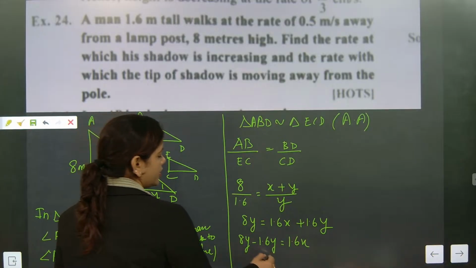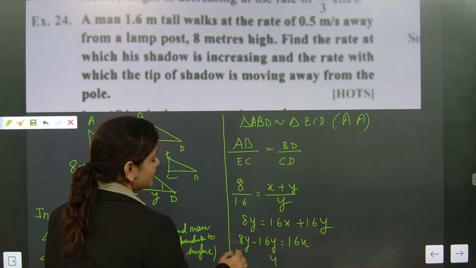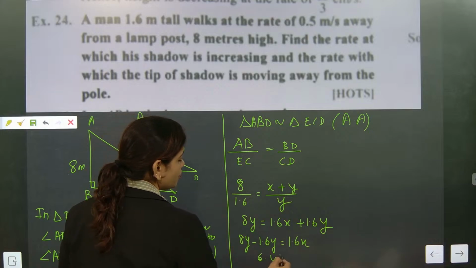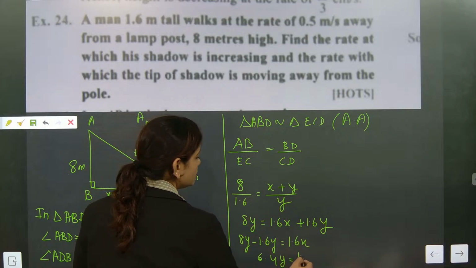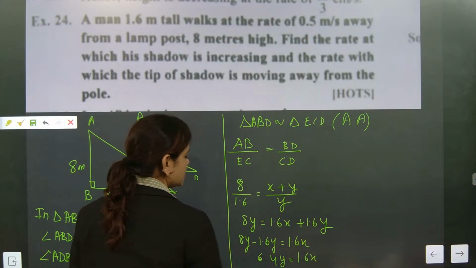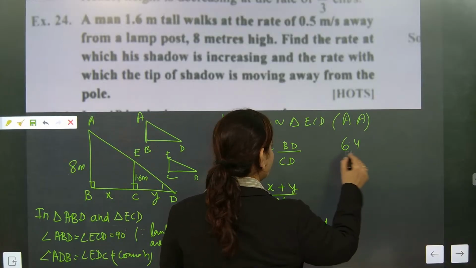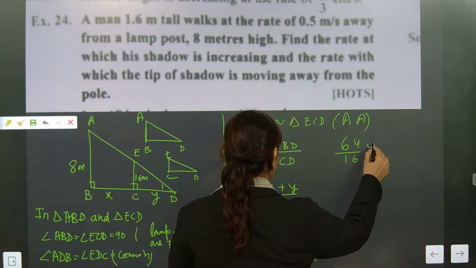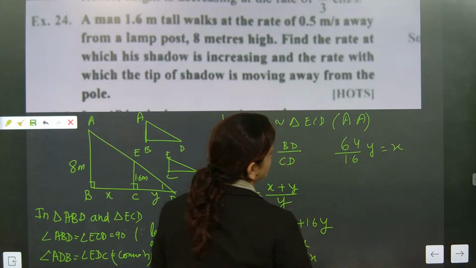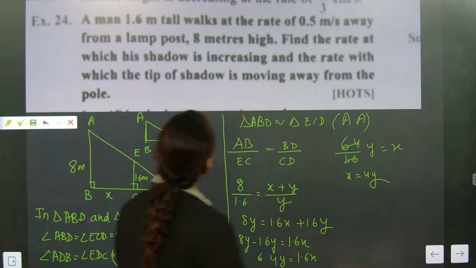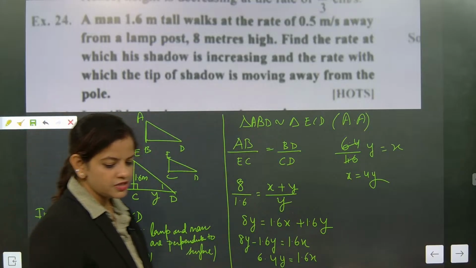It will become 6.4. So 6.4y is equal to 1.6x. So definitely 6.4 by 1.6 y is equal to x. So x is equal to 4y. x is coming as 4y.